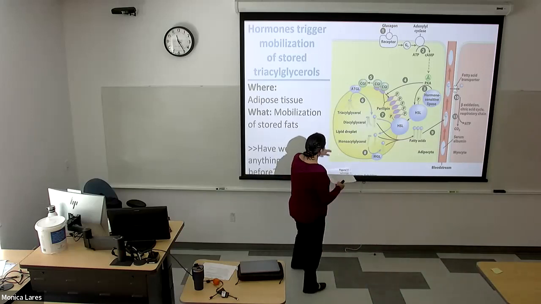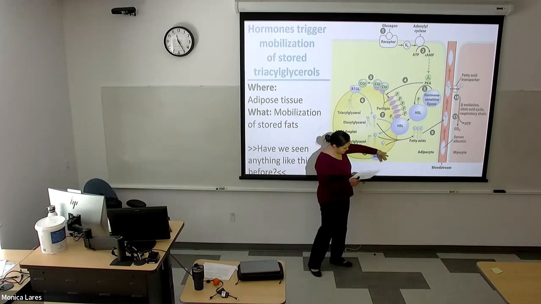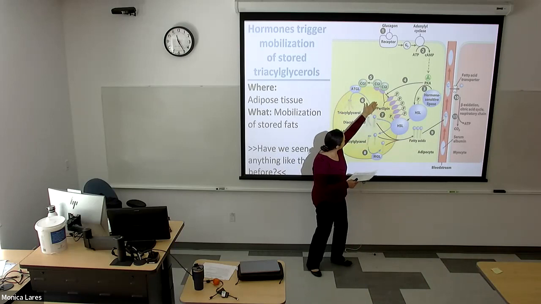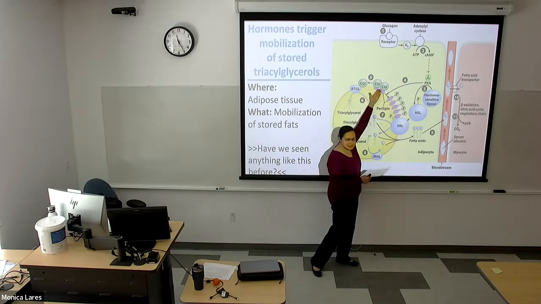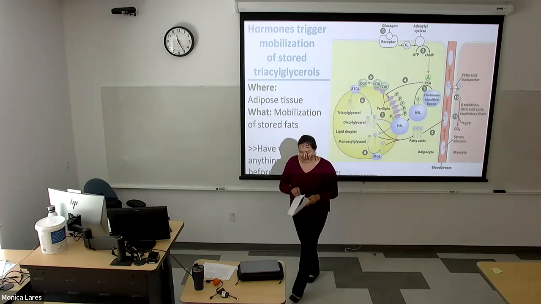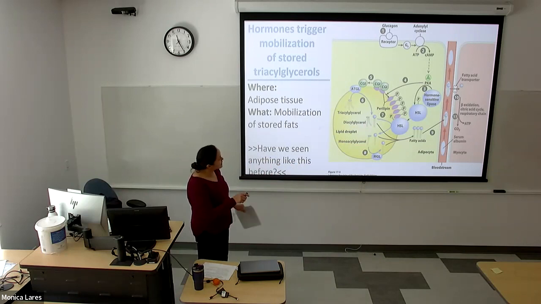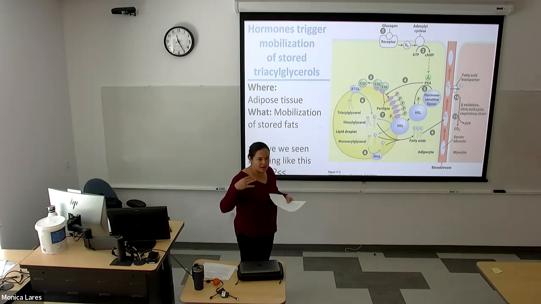So you have this lipid droplet, and the surface of the lipid droplet is coated with these perilipins, and they restrict access to the fat stored in the lipid droplet. But if you get a glucagon signal, that's a signal that there's a demand for energy. Glucose is gone, we need some energy.